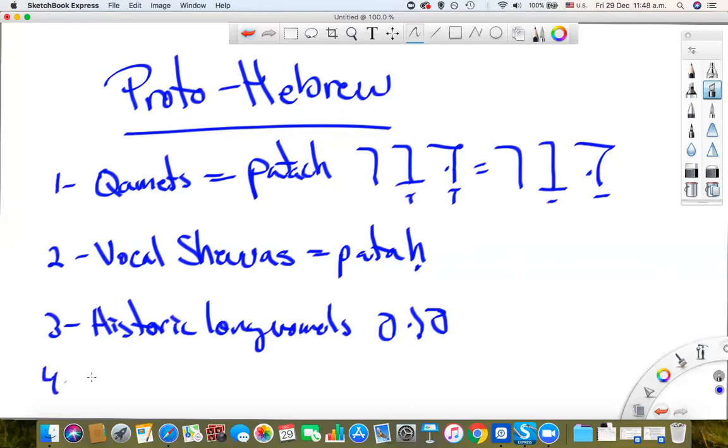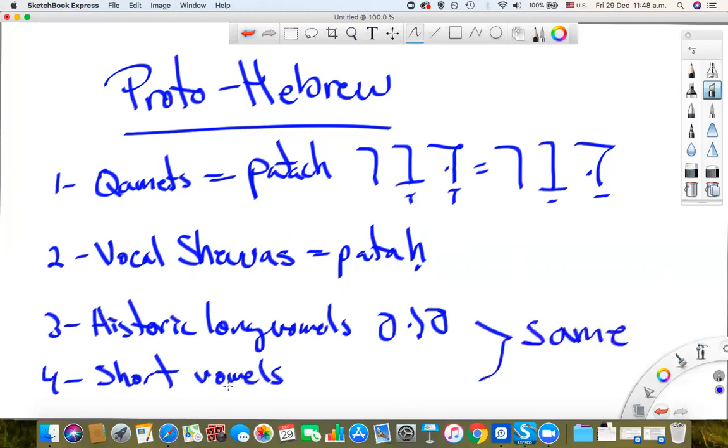And then finally, short vowels were the same as well. So I'm going to write same over here for both 3 and 4. So what does that mean? It means short vowels don't reduce. So these two right here, a comets becomes a patach and vocal shawahs become short vowels, usually patachs, are reducing in Proto-Hebrew. Okay, so those are the basic rules for Proto-Hebrew.